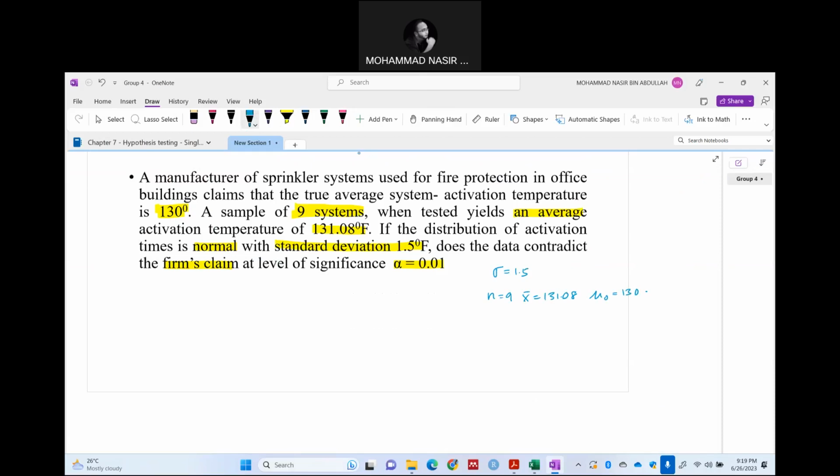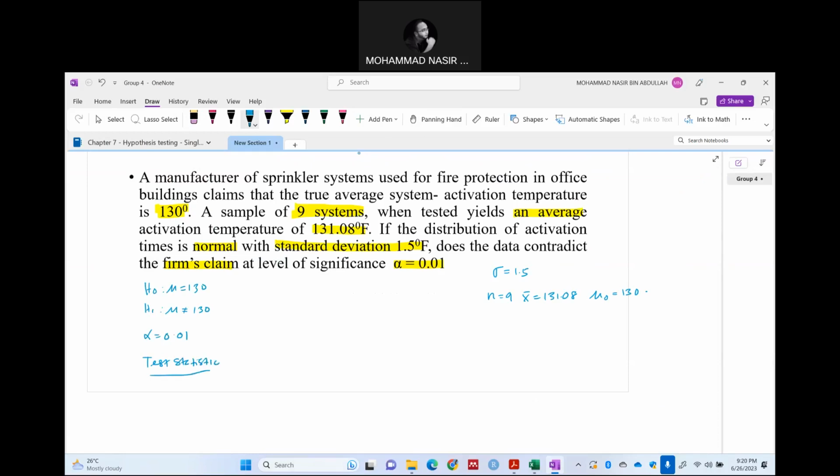So it is claimed that the true average is 130. So the alternative hypothesis will be not equal to 130. Alpha equal to 0.01.